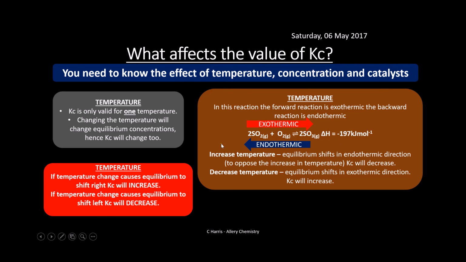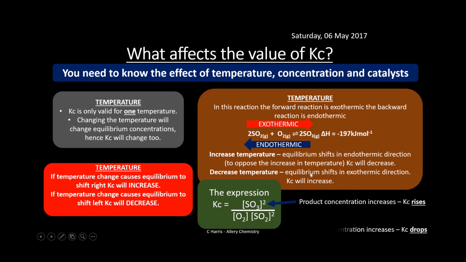If you think about your Kc ratio as like a fraction, if I decrease this value, then obviously this is going to make it smaller. Decrease of the temperature, equilibrium will shift to the right because it's moving in the exothermic direction to warm itself back up, and Kc will increase. So look, here's the expression. This is a fraction.